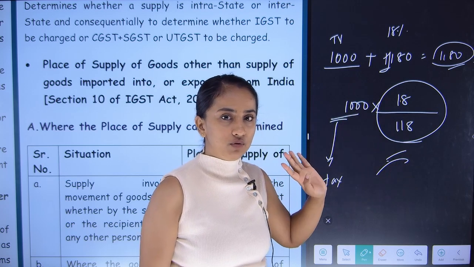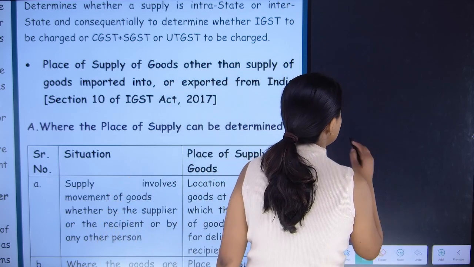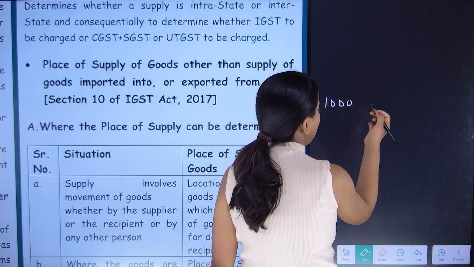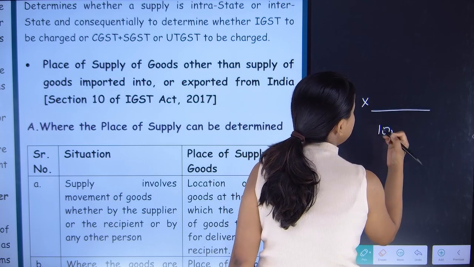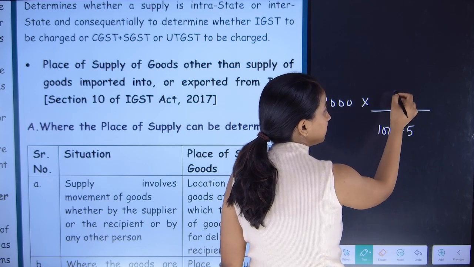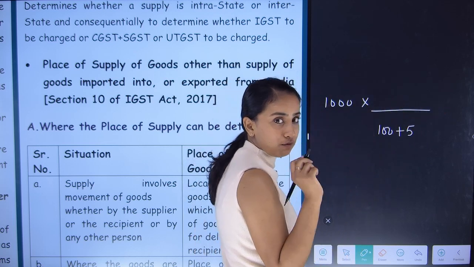For MCQ, they will give you, if at all, the rate of tax is 5%. So how do you do this? So the actual value of supply, this is the actual supply, and if the rate of tax is 5%, let's say, so 100 rupees plus 5%, 105. So 5 is the numerator, is what you want to get, right? Please understand what they are asking you.